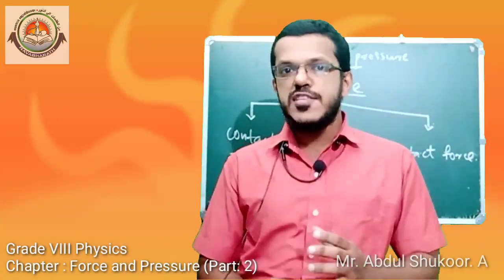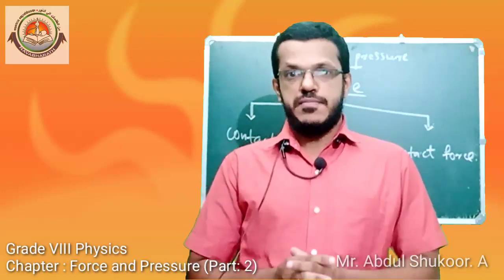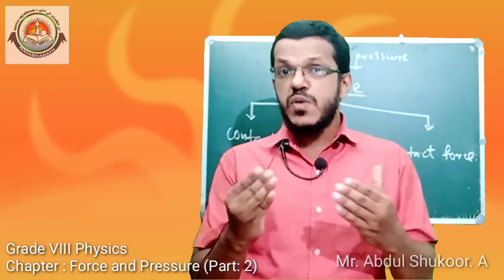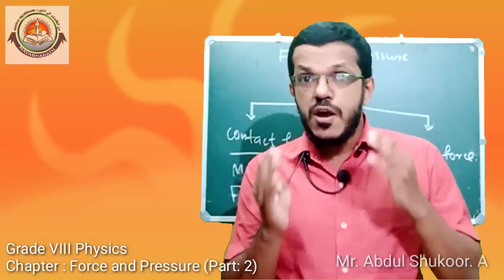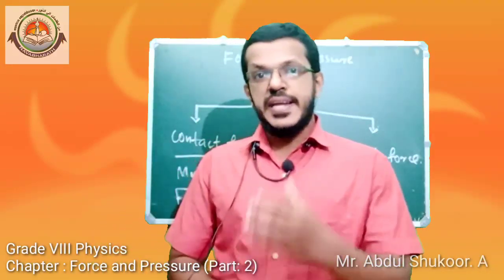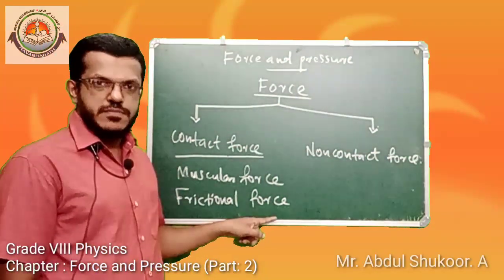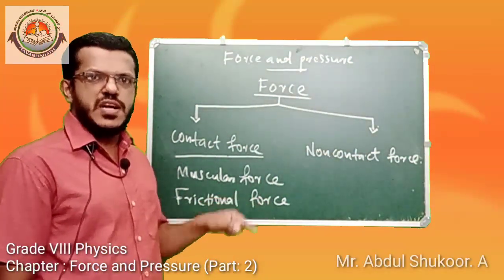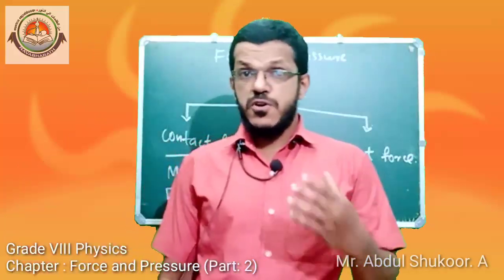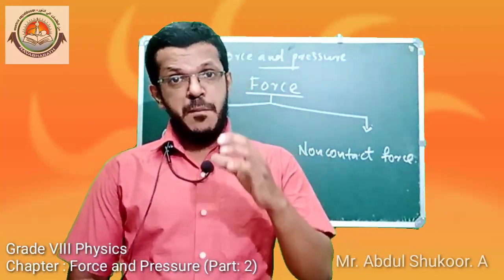That type of force is known as contact force. Therefore, muscular force is an example of contact force. The second type of contact force is frictional force. Then what is frictional force, or force of friction, or simply friction?